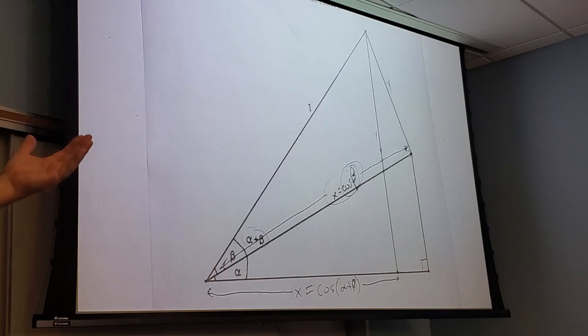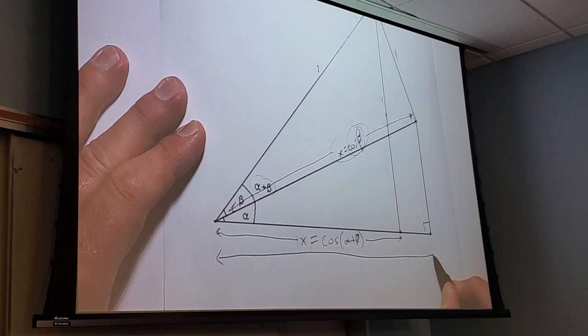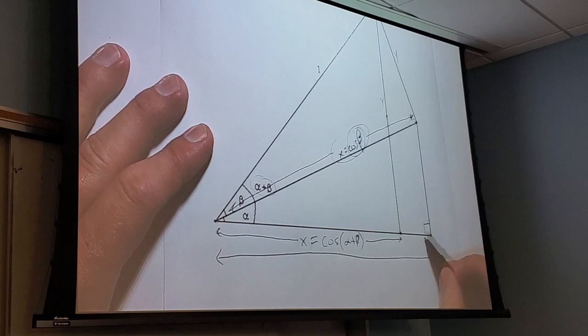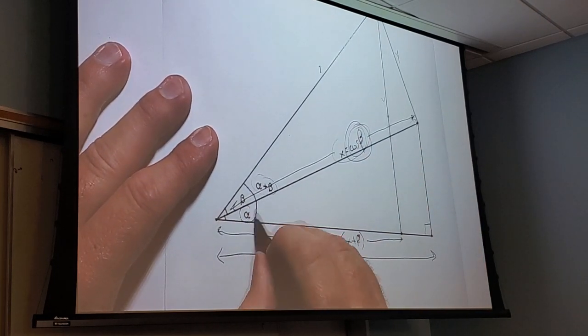So can somebody tell me what this is going to be? I'm in this triangle here. There's the hypotenuse. What is cosine of alpha?